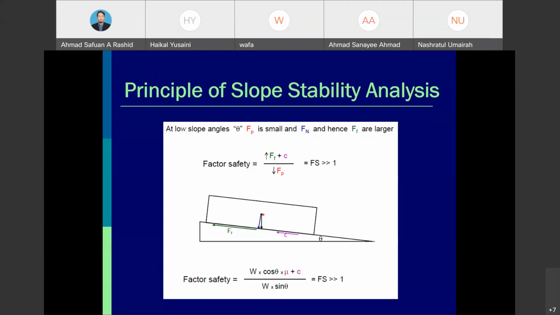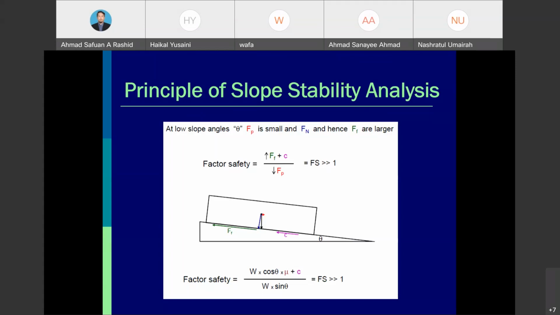Just imagine if the factor of safety is equal to 1 and suddenly an additional load is applied on the slope structure. It may increase the driving force and reduce the factor of safety to less than 1.